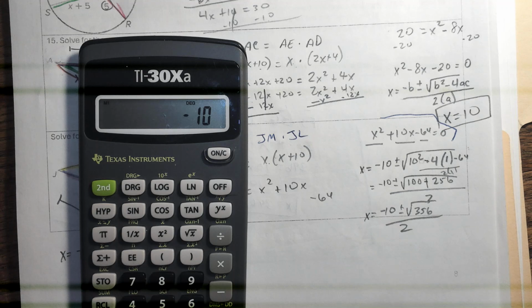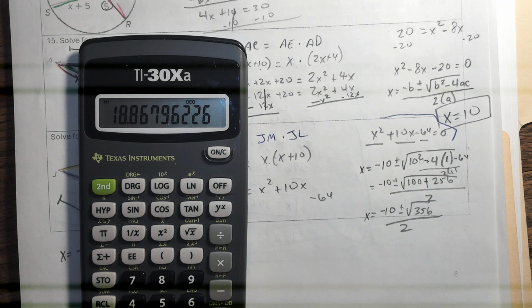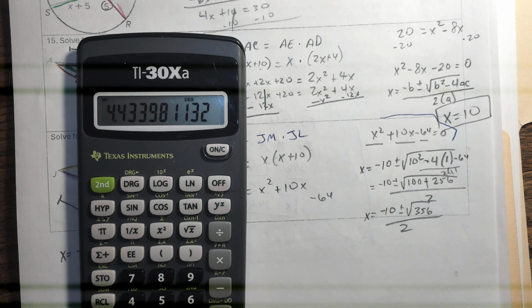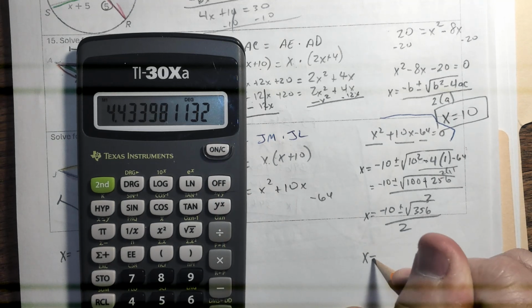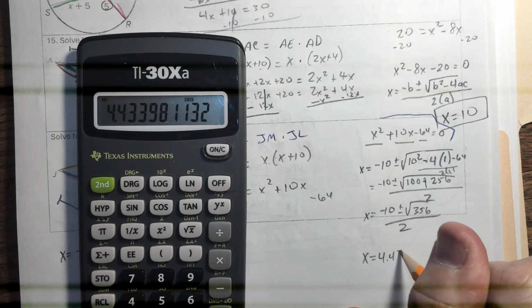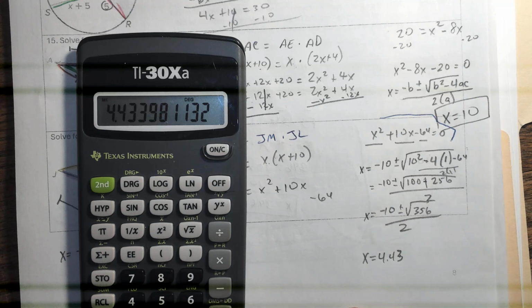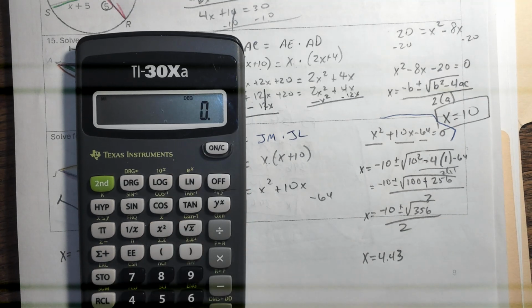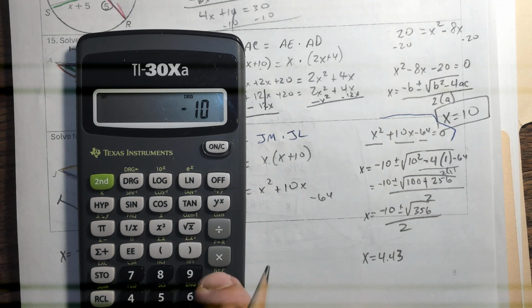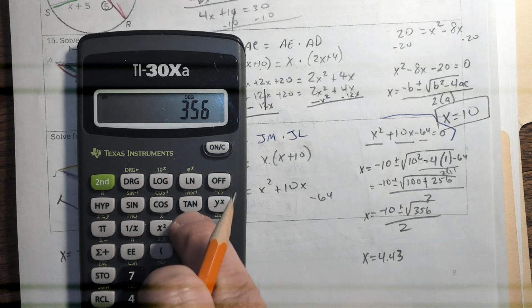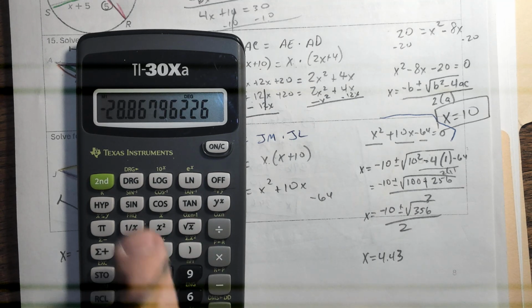So negative 10, we're going to try the plus first, plus the square root of 356. We divide that by 2, so that's a positive 4.43. Let's try negative 10 minus the square root of 356, and that equals a negative number.